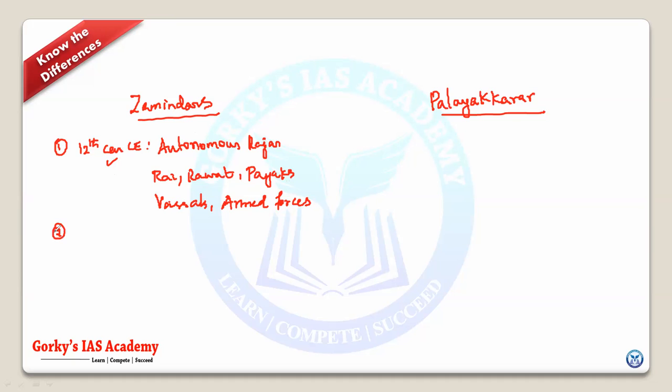Then, when the Delhi Sultanate was established, during the 13th to 15th century, the term Zamindars was used to denote hereditary intermediaries.